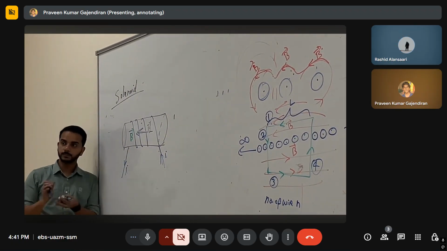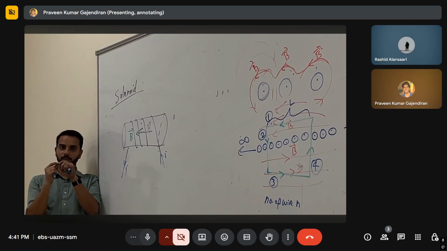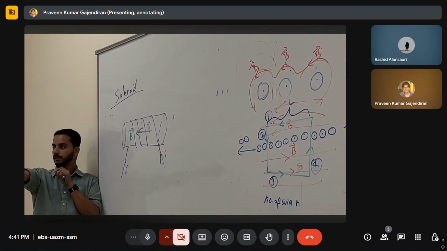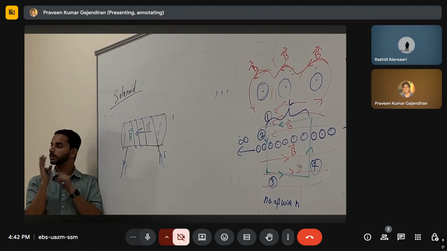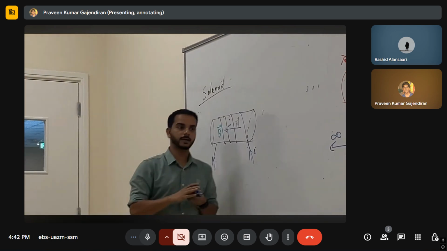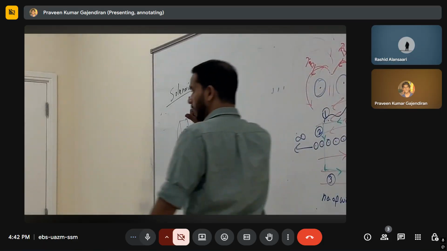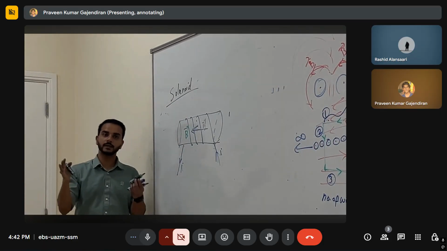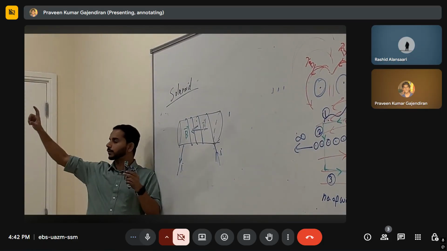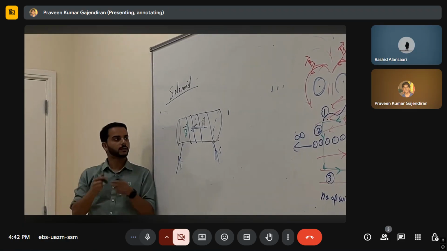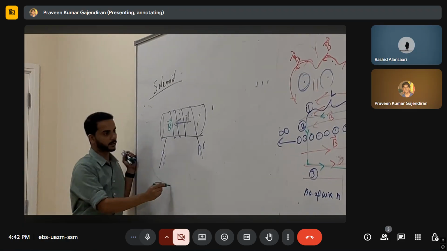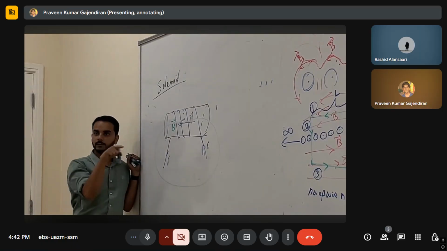In the case of electric field, the electric field lines start from the positive charge and end at the negative charge, right? But the magnetic field behaves very strangely because you don't have a magnetic monopole. It means you cannot have a single north pole magnet. As I mentioned in the first class, if you break a magnet, which already has a north and south pole, you will get a smaller magnet with north and south pole, right? So the field lines, if going this way, will not end at any other point.